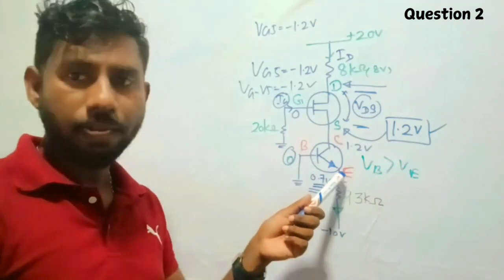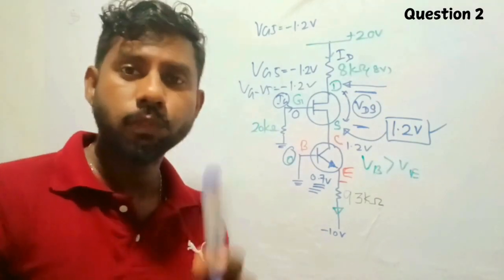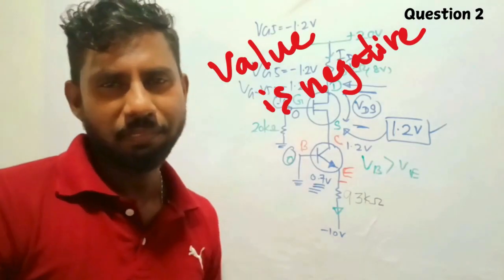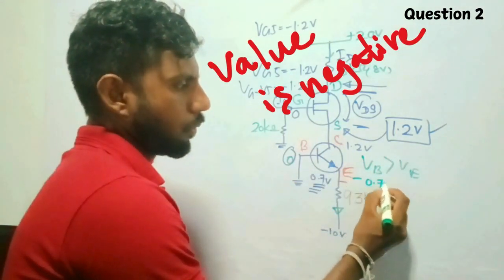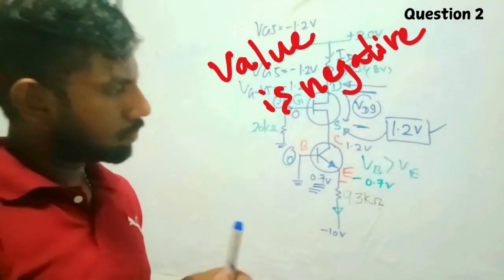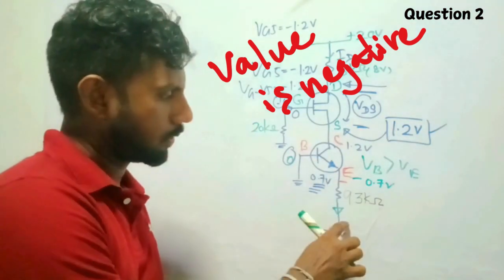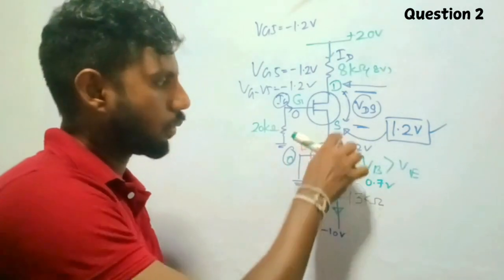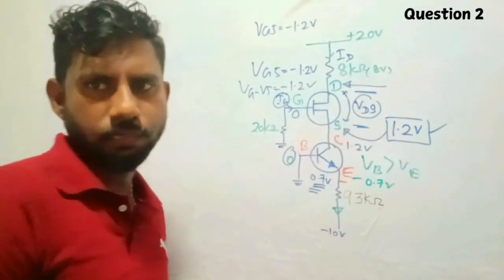So the potential at E has to be, the difference is 0.7, so it has to be minus 0.7. You should know that, right? So it's E minus 0.7 volt. From this we can find the current through here, the IE current. We can assume IE is equal to IC, and that is also equal to ID current. It flows like this, right?